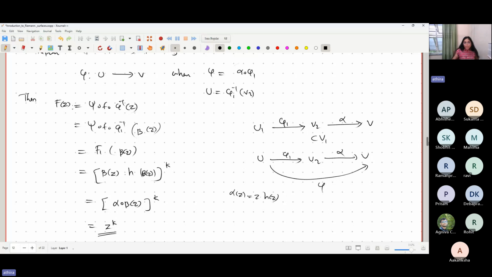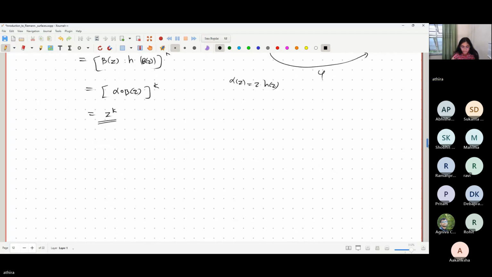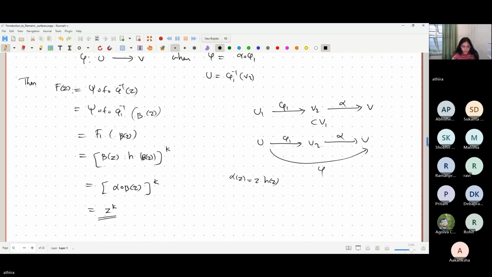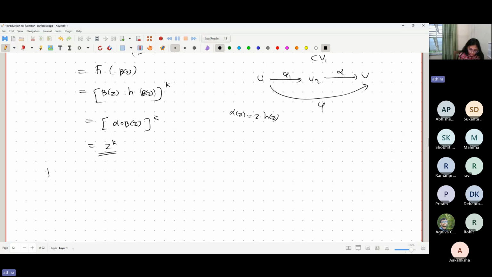The composite map is actually a polynomial. Any doubt? This K is actually called the multiplicity.